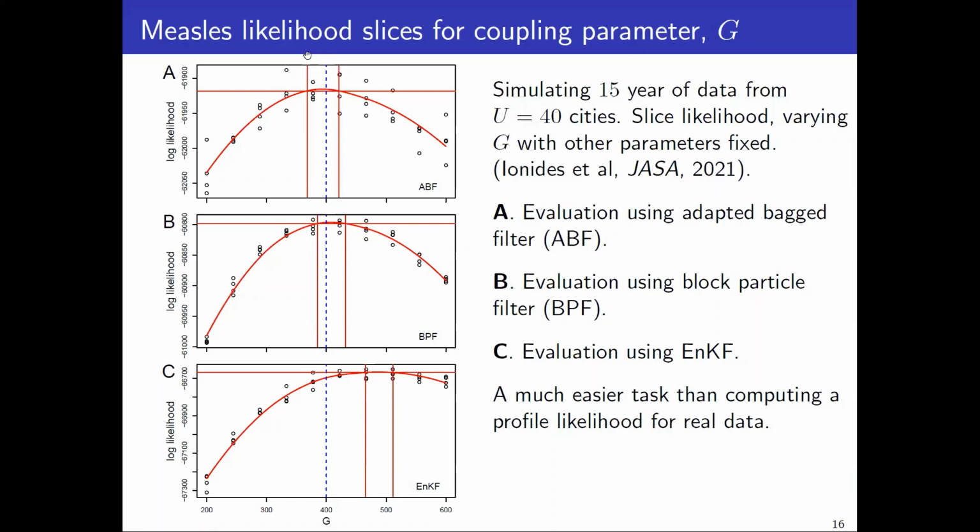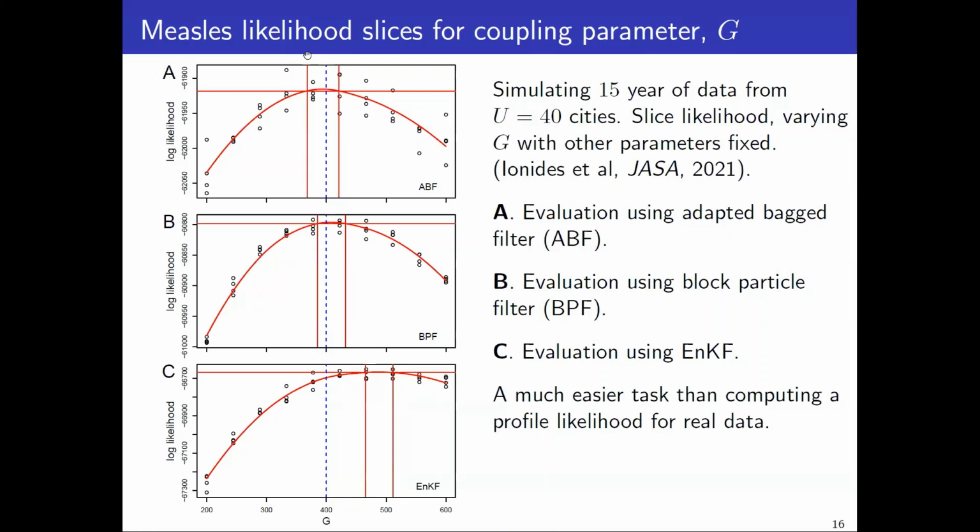block particle filter. And A and B could both estimate the parameter. If we just do a slice through the likelihood, you see that the likelihood gets maximized at the truth, give or take a confidence interval. So that's all behaving as it should. The Ensemble Kalman filter, it turns out, has some considerable bias in this task.